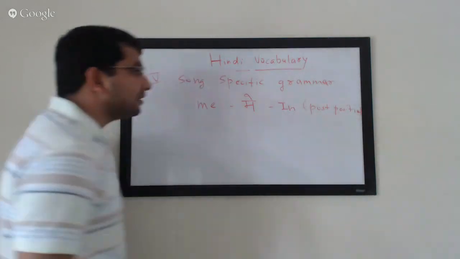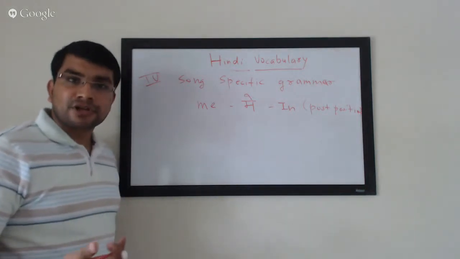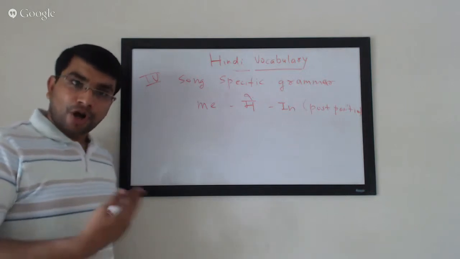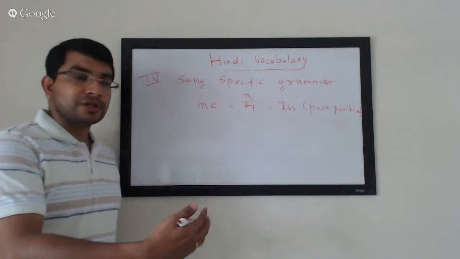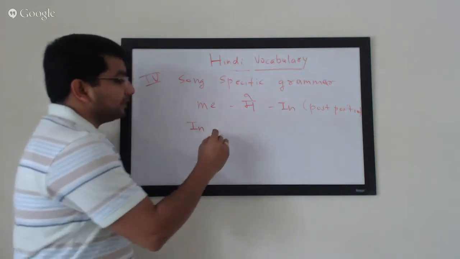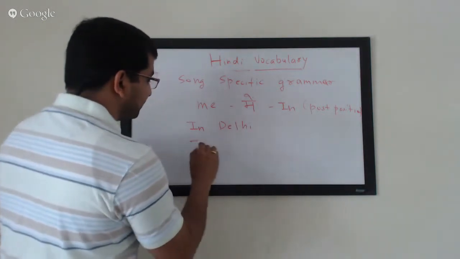As I have covered in the earlier classes, Hindi uses a different sentence structure than English. Right? In English, you have a preposition. However, in Hindi, you have a postposition. Right? In English, you'll have in Delhi or in Poland.